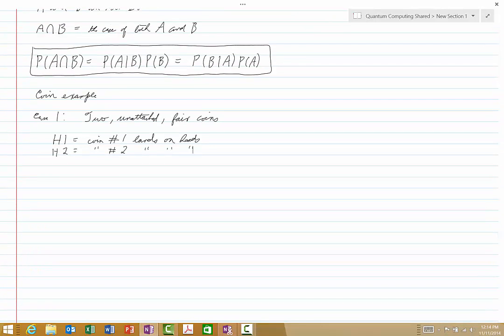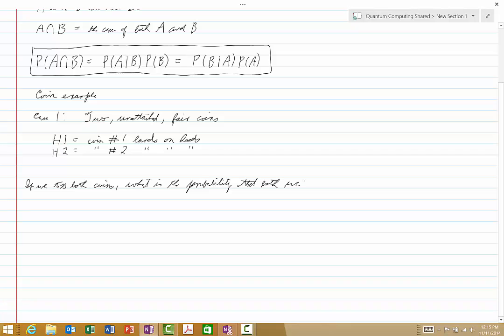And so now we toss both coins, and we want to know what is the probability that both will land heads? And so we can use the formula from above to get the well-known result.